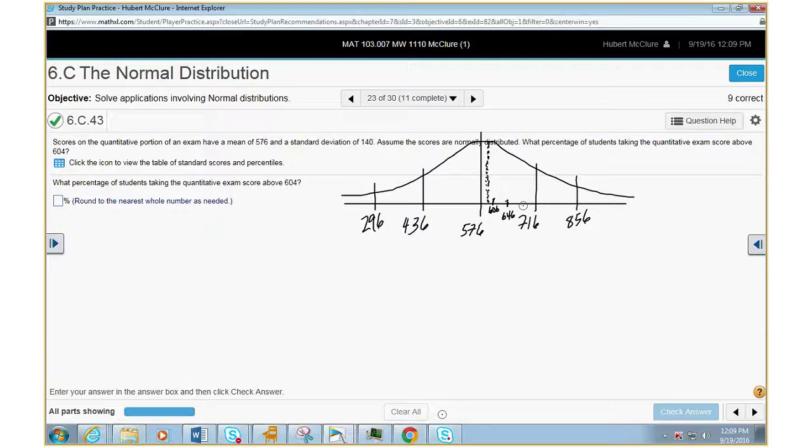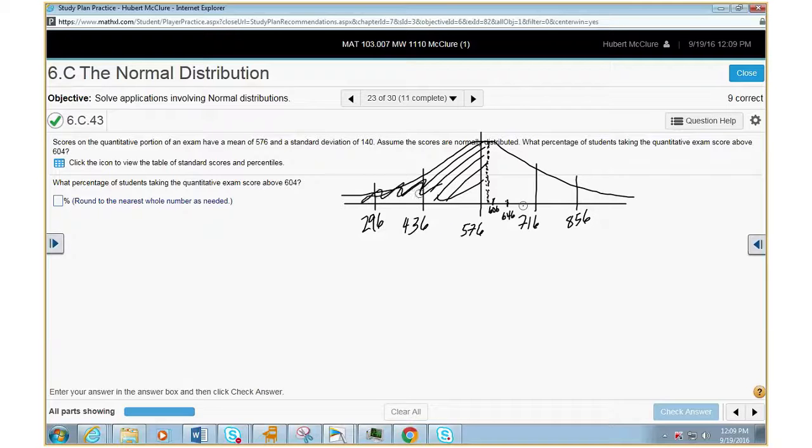Okay, I got 0.55. And you also see that this is 50%. What is this? Well, I don't know, 51%? I don't know. But it's over 50 percent.